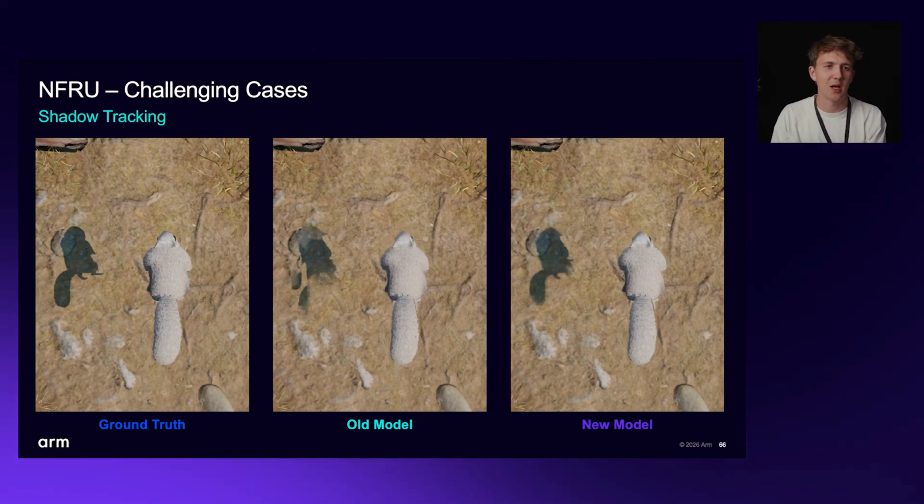So I just want to touch on a couple of challenging cases. One of the key challenges in NFRU is shadow tracking, or ensuring that you are using optical flow in places where it is better. And so you can see this was one of our original models, and at this point we hadn't quite got it clicking, and our shadows were not tracking nicely.